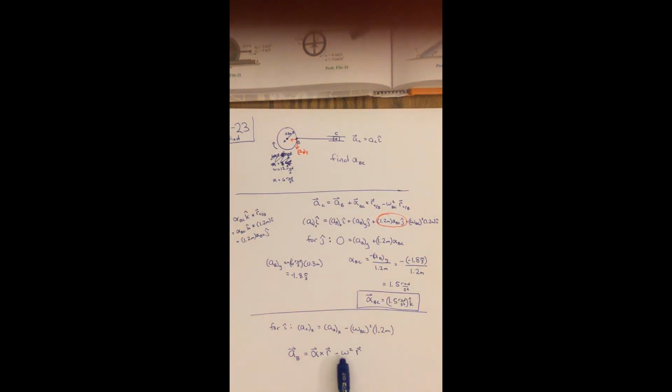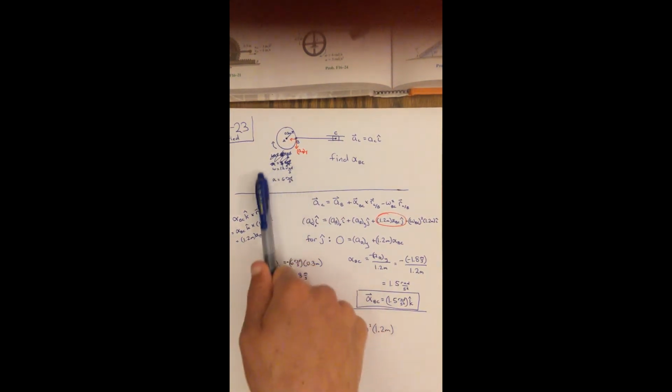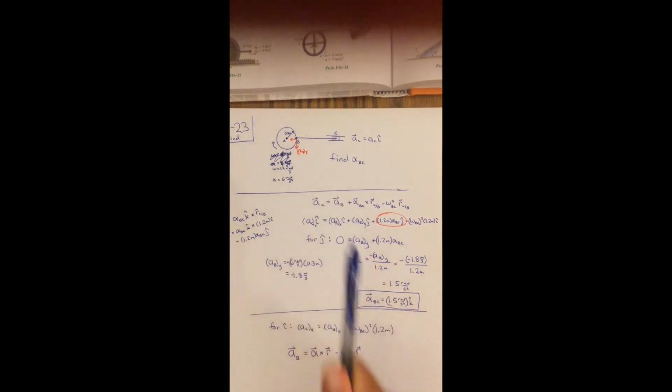So that is equation 16.14. I don't really know what to call these here, but they're what we have here for the wheel, not what we have for link BC.